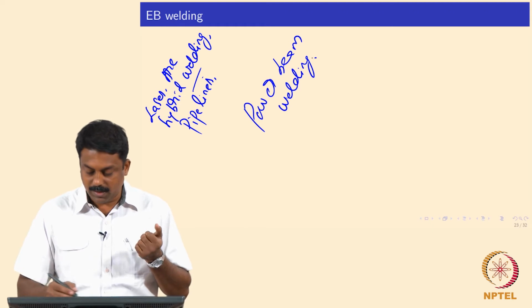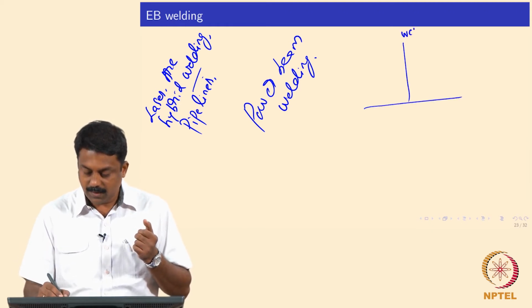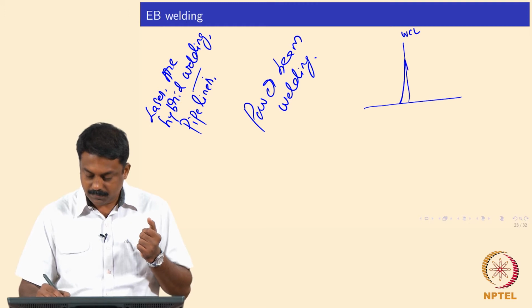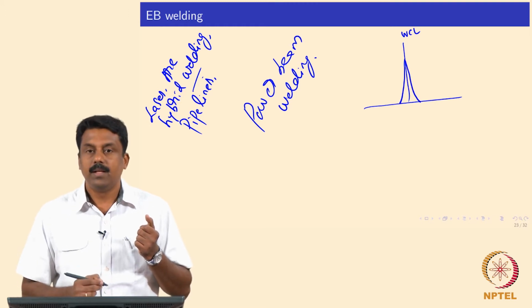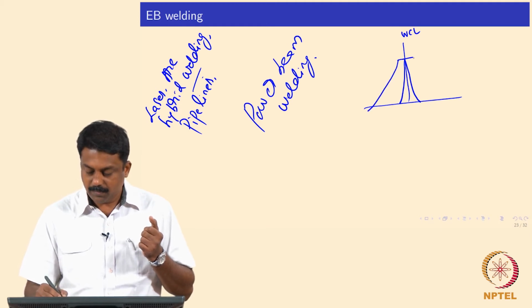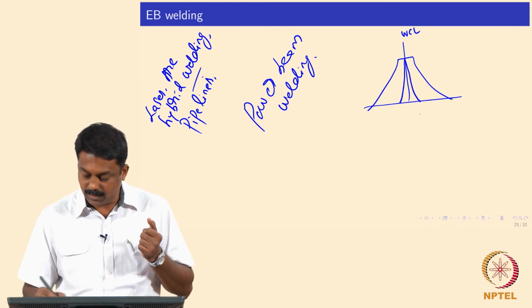If you look at the temperature distribution in electron beam welding, with the weld center line and distance on the axis, in electron beam welding it will be extremely narrow, right, whereas in GMAW you will have a much wider fusion zone. So this is distance and the temperature.